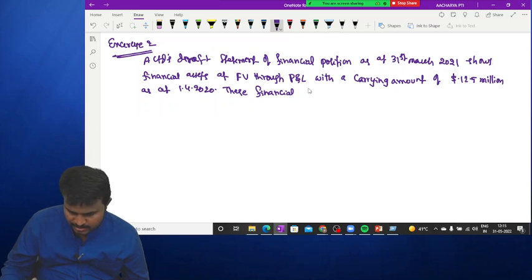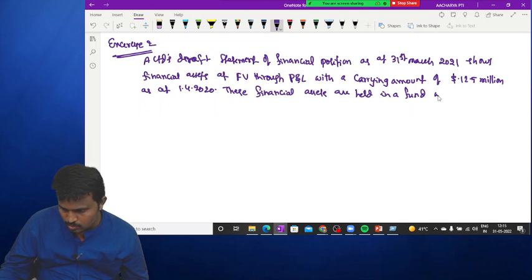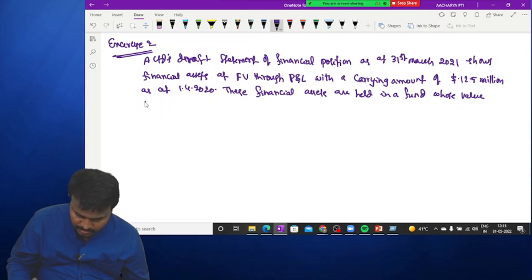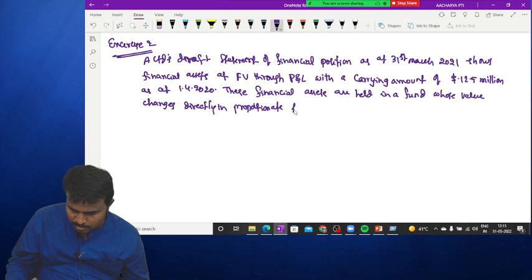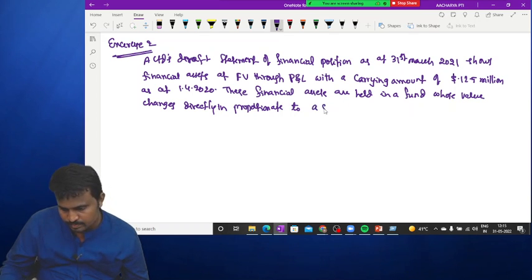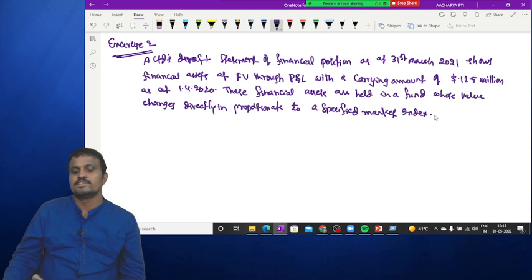These financial assets are held in a fund whose value changes directly in proportion to a specified market index.